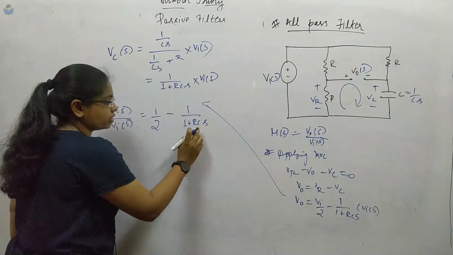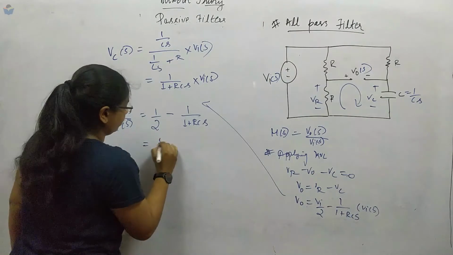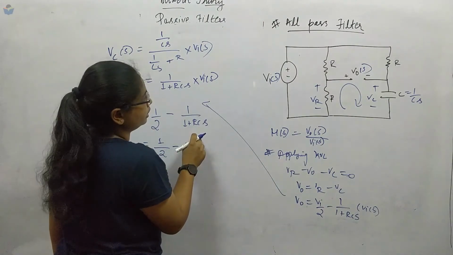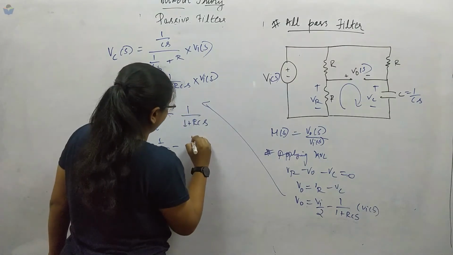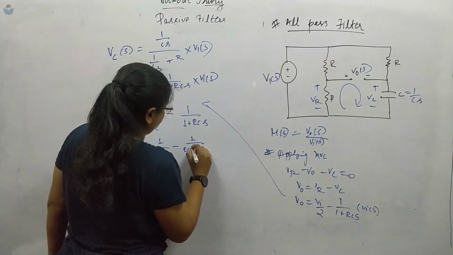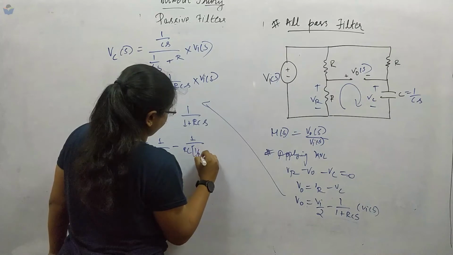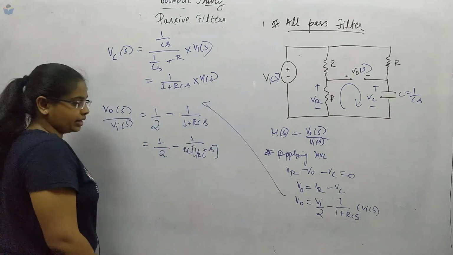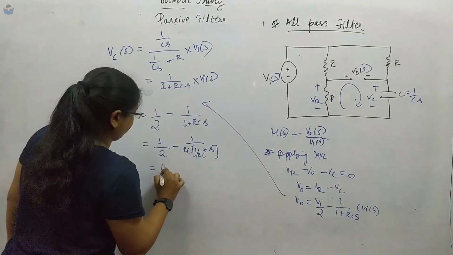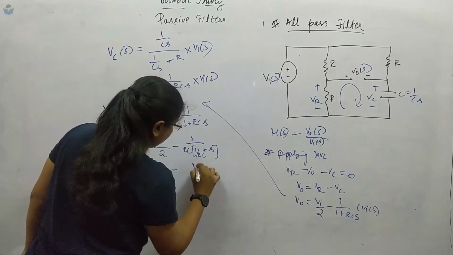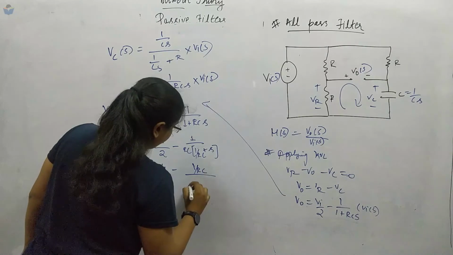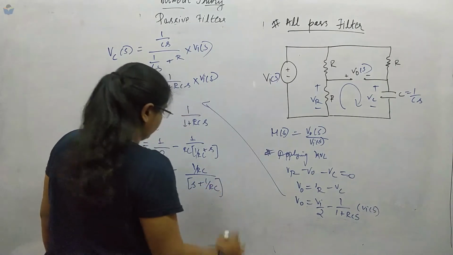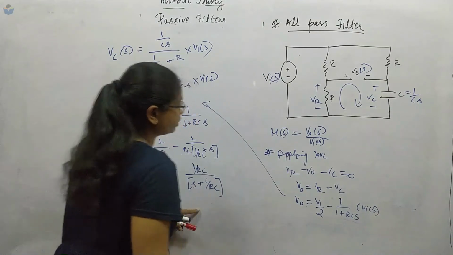So now this constant term, I will take out: 1 by 2 minus, so you will get 1 upon RC, 1 by RC plus S. So this RC I can take up: 1 over RC divided by S plus 1 by RC. Just I'll verify if it's correct.